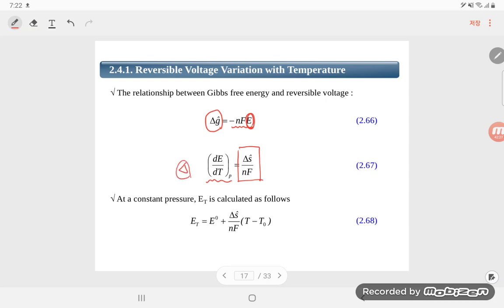So E at T, this is not the equilibrium room temperature. The temperature is not room temperature. And then this is the term for the room temperature, and this is the change, right? So if we multiply delta T to this slope, then we can know about the delta E.